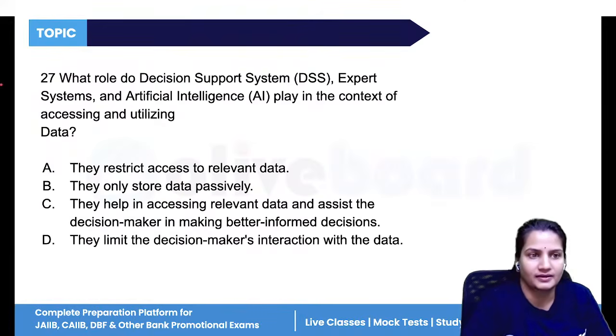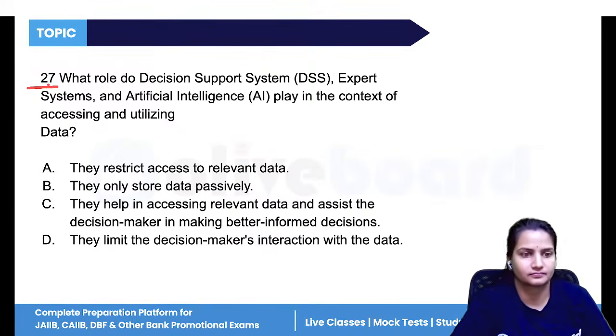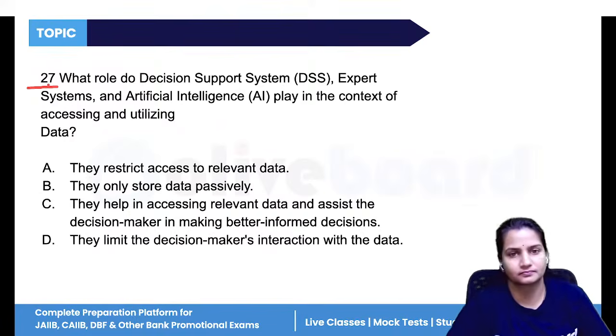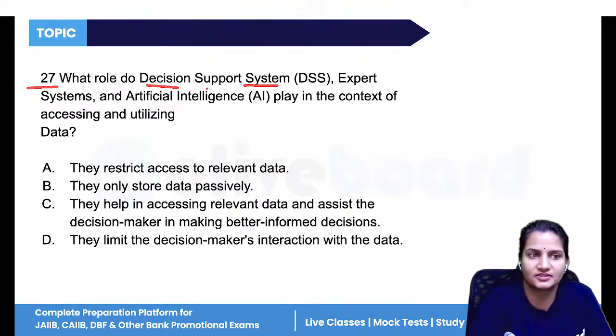Now, next, question number 27. What role do decision support system, expert system, AI play in context of data accessing and utilizing?